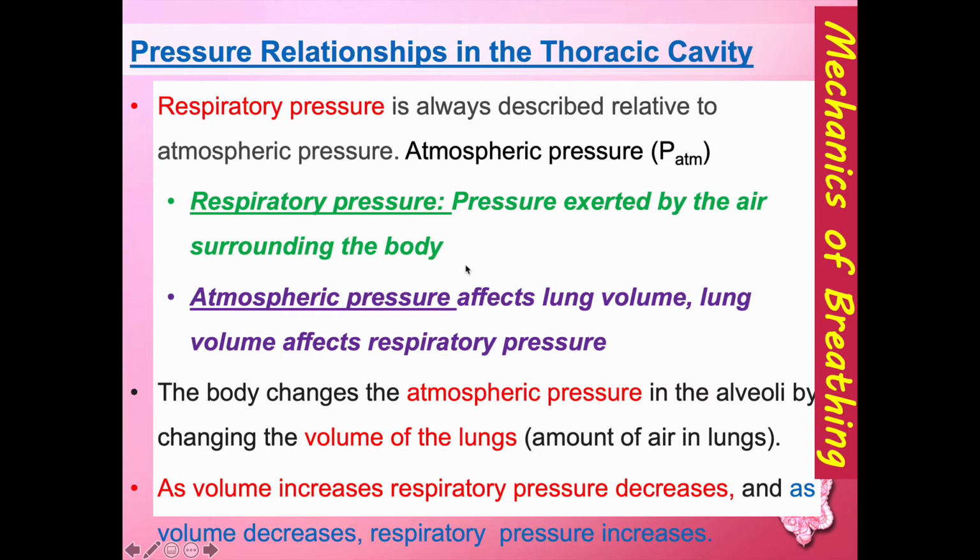Atmospheric pressure affects lung volume, which affects respiratory pressure. The body changes the pressure in the alveoli by changing the volume of the lung. As volume increases, respiratory pressure decreases. As volume decreases, respiratory pressure increases.